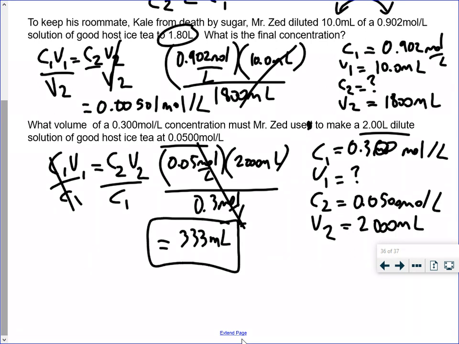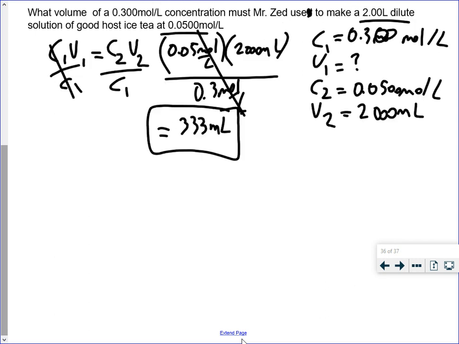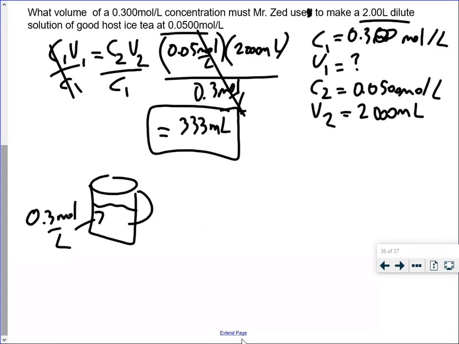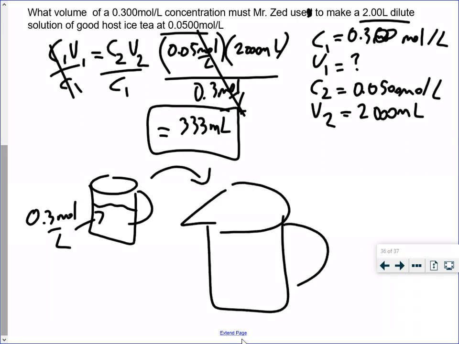What did we just calculate? Well, let's say we had my roommate's gross mug of the slurry of really concentrated Good Host Iced Tea. So it's got 0.3 moles per liter. Now, I don't want him to die, so I'm going to dilute that into one of those big pitcher things, right? And that big pitcher has 2 liters in it.